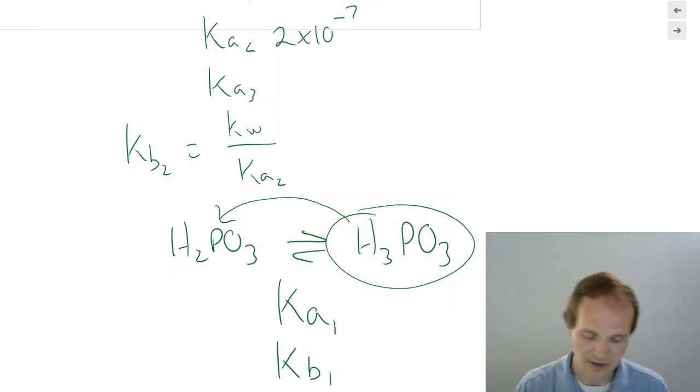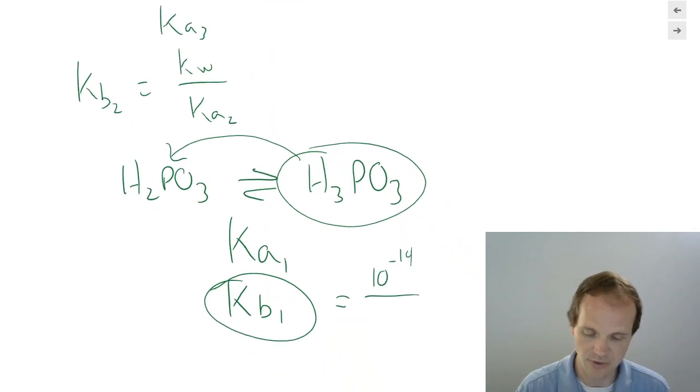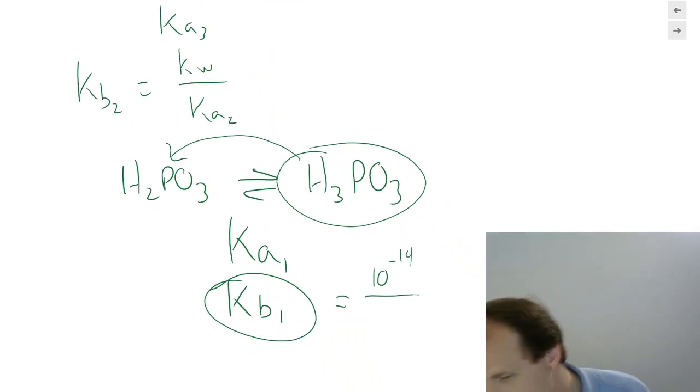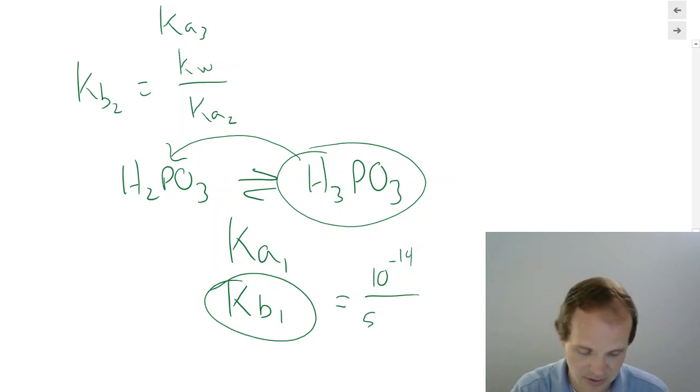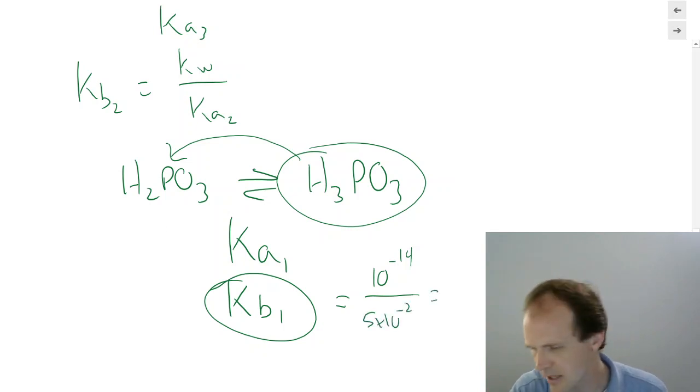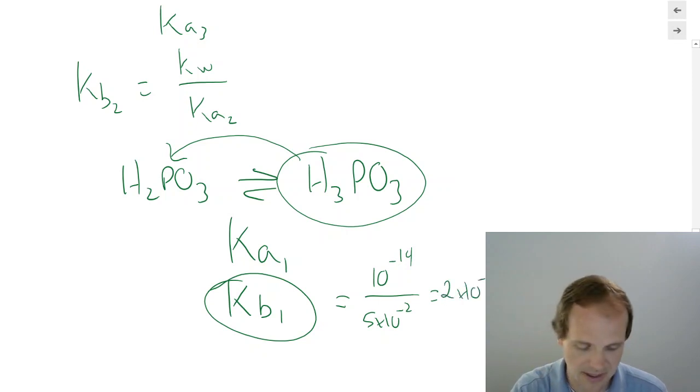So we're going to try to find Kb1, which is going to be Kw over Ka1, 10 to the minus 14th over Ka1, which was 5 times 10 to the minus 2. And so we're going to get 2 times 10 to the minus 13th as my Kb1.